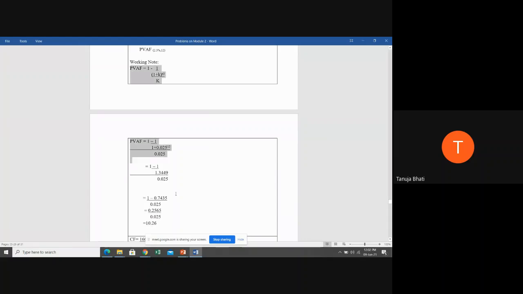Is this particular formula clear to calculate present value annuity factor? Yes, students? Yes, ma'am. Okay.